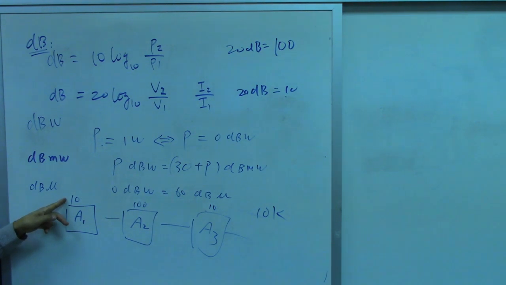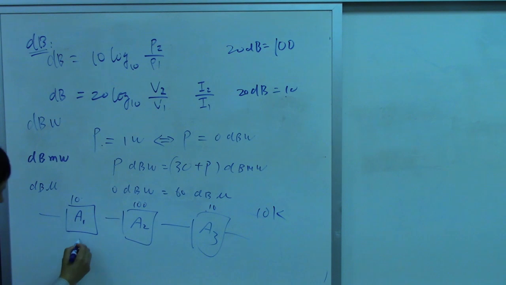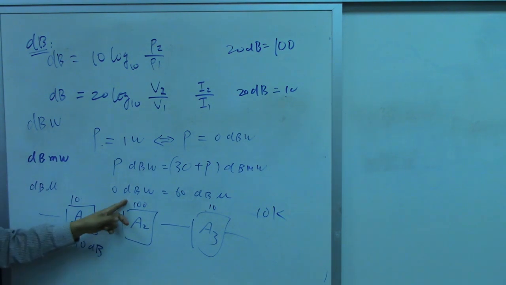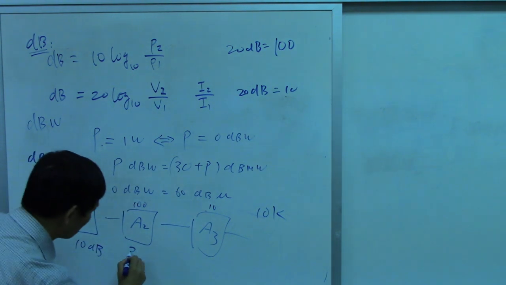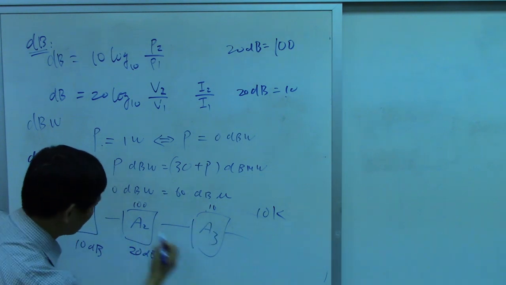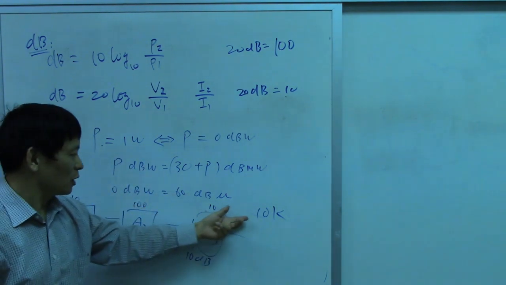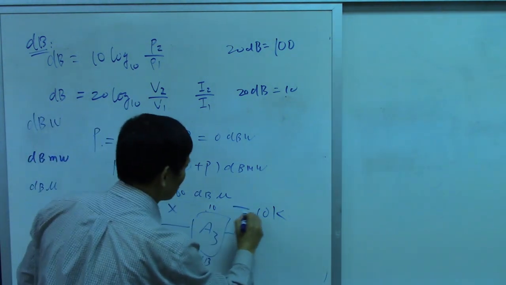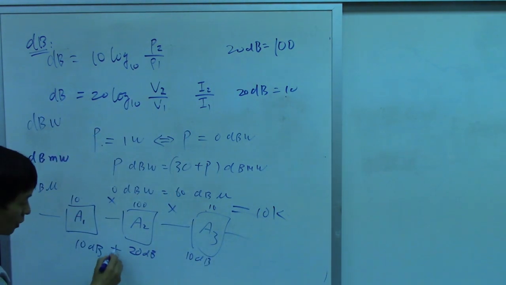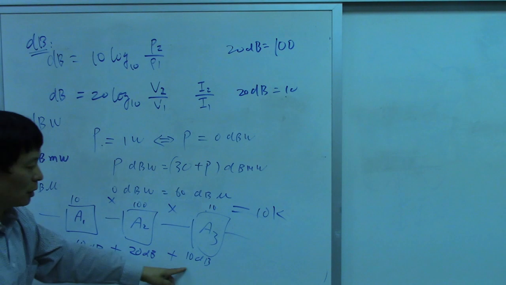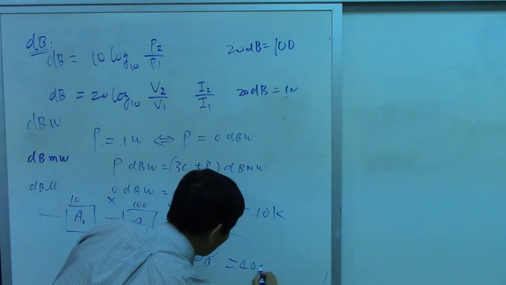Log base 10 of 10 equals 1, then times 10, okay, equals 10 dB. How about this one? 20 dB, and this one, same, 10 dB. In absolute value, we just multiply. And here we need to add 10 plus 20 plus 10 equals 40 dB.